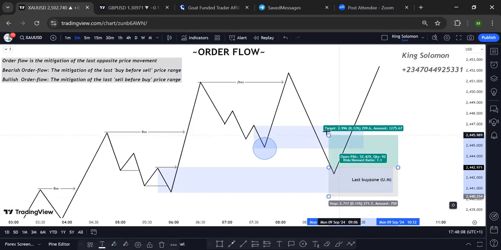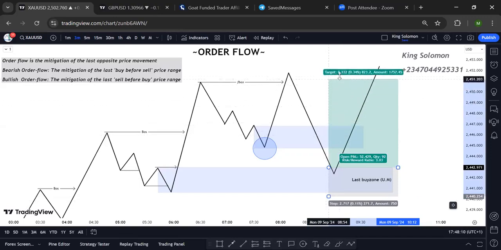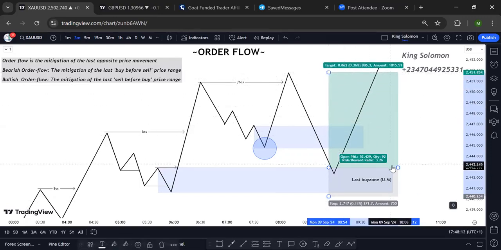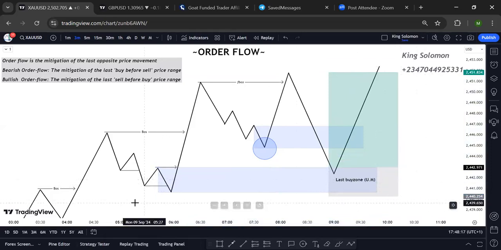Now, note something. This is very, very important. Note that before marking your order flow on your chart, you probably might have seen a valid zone, right? I hope you guys know that these are price ranges and not candlesticks, all right?